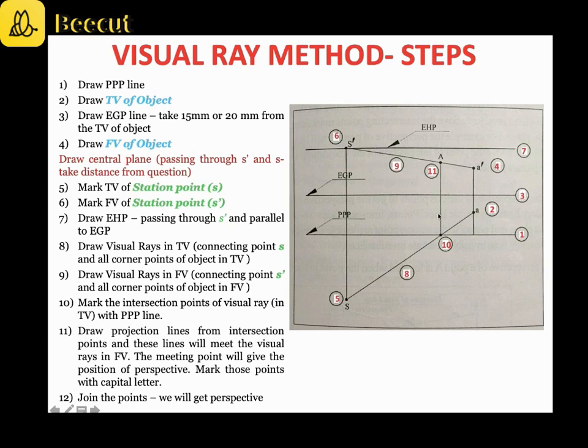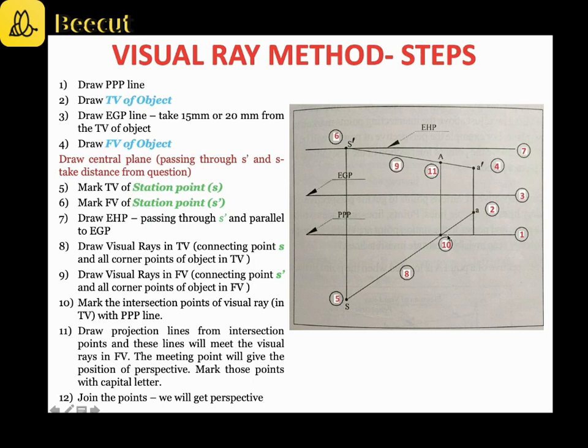Here it will be stated that the object is resting around 20 mm above the PP. So you draw the TV, and then you draw the EGP line. For the EGP line, the distance will not be given in the question, but instead you take around 15 mm or 20 mm from the top view of the object.